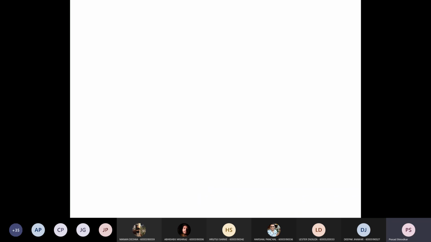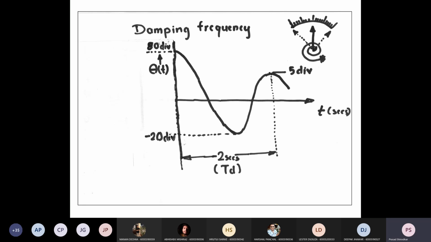Now let's plot what is happening. Initially, this is the mean equilibrium position. By applying an initial torque of M0, it is taken up to 80 divisions.